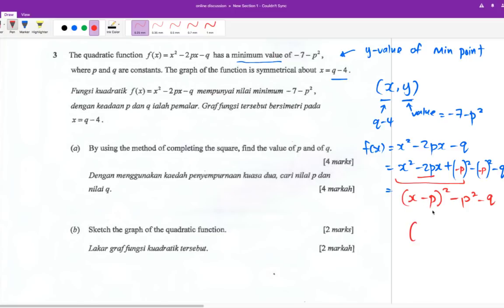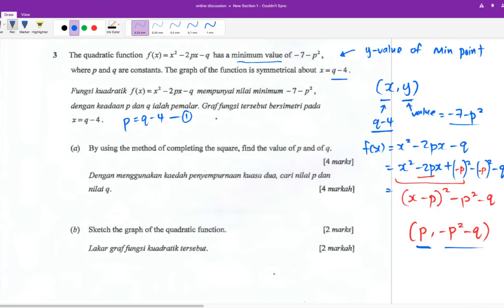From here we can get our x coordinate and y coordinate easily. Our x coordinate is basically -p, which becomes positive p. And my y coordinate is basically -p squared minus q. And just now I told you your x coordinate should be q minus 4. So I will say p equals q minus 4, which is my first equation.